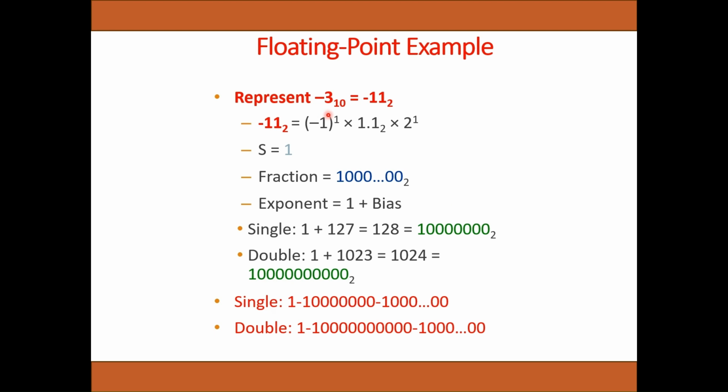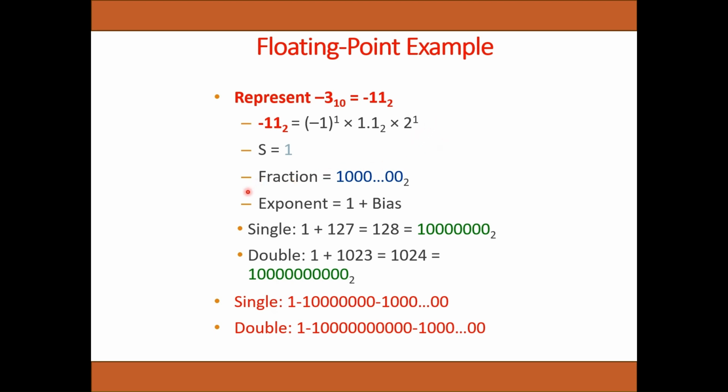Suppose you have to represent the decimal number -3. How will you represent it in floating point? Because it is an integer, in binary it will be -11 in sign and magnitude. This number is not written in normalized form. For floating point, we represent the minus sign as -1 to the power 1, and the number 11 we write as 1.1. As we are decreasing the mantissa, we increase the exponent by multiplying by 2 to the power 1.